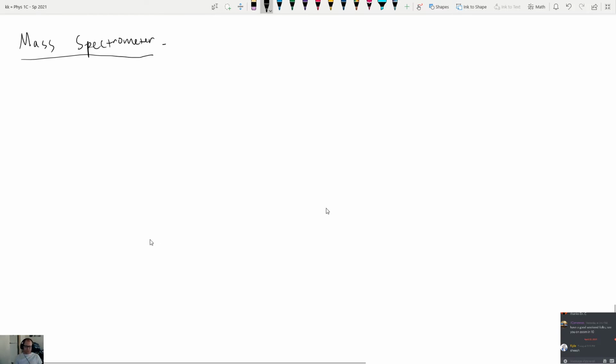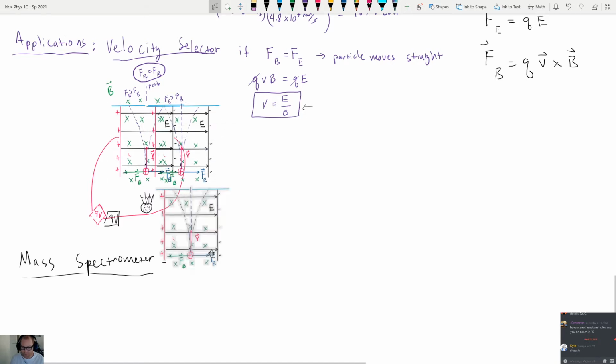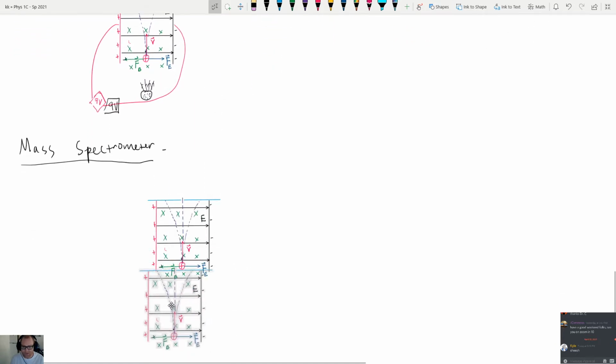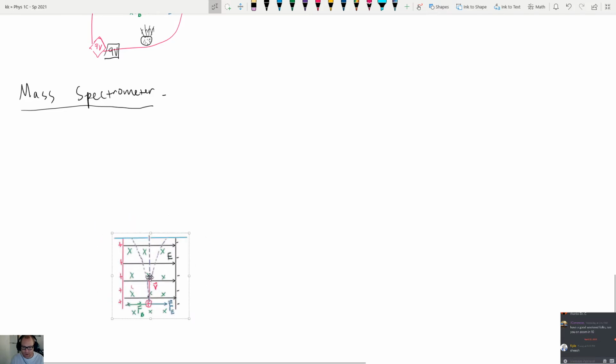Okay. So a mass spectrometer is made up of, so let's see, let's just grab this, because this is going to be part of it. Okay, so you start off with a velocity selector. Let's put it right here. Okay, so that's the first part of it.